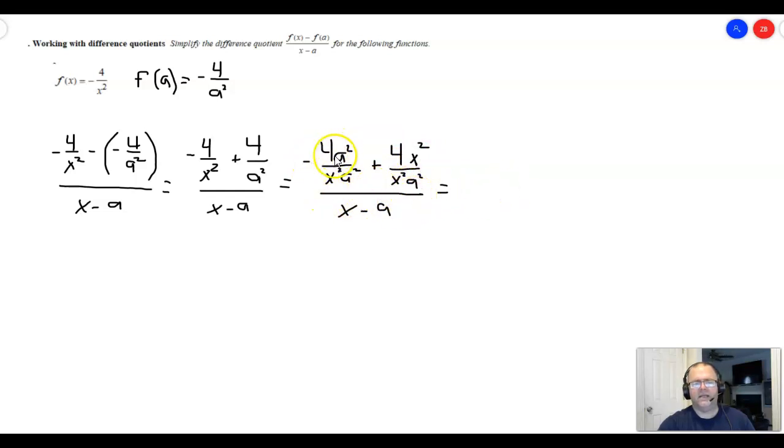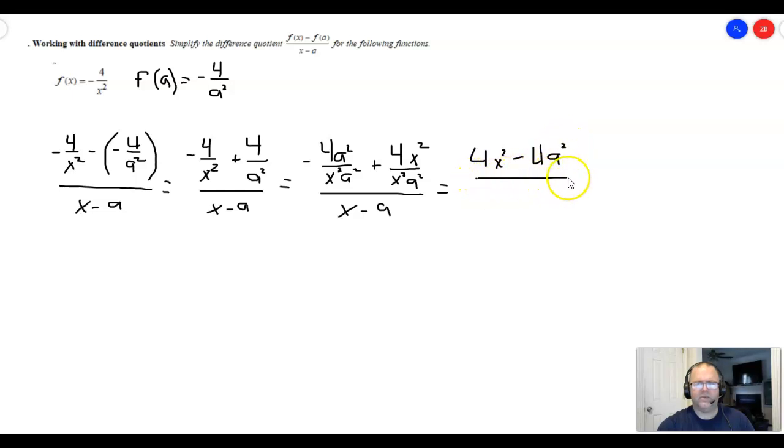So this is going to be negative 4a squared plus 4x squared. Since addition is commutative, I can add them in any order, so I'm just going to switch it. Instead of negative 4a squared plus 4x squared, I'm going to write it as 4x squared minus 4a squared.